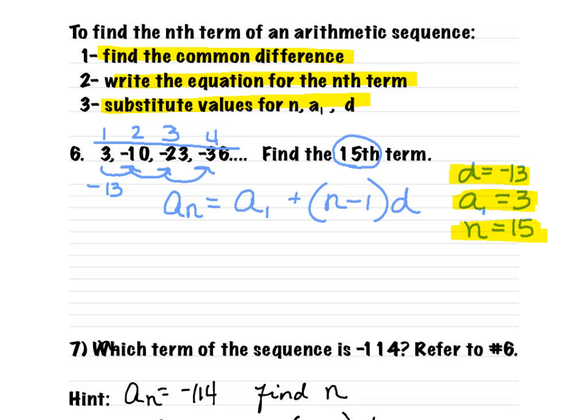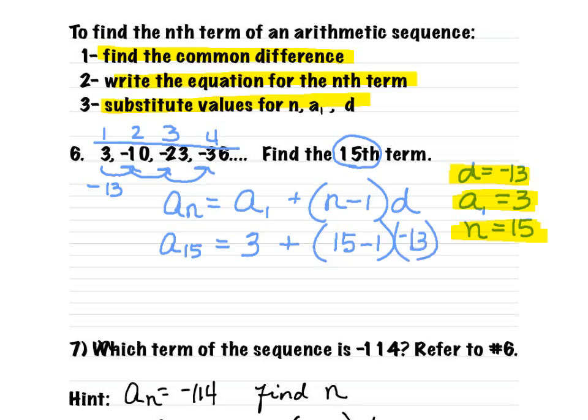Okay, here we go. A15, which is what we're looking for, equals, the first term is 3 plus n is 15 minus 1 times the common difference, which is negative 13.